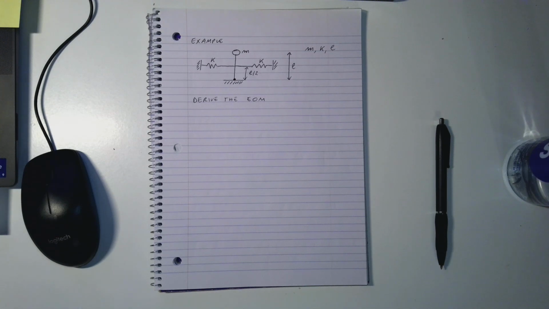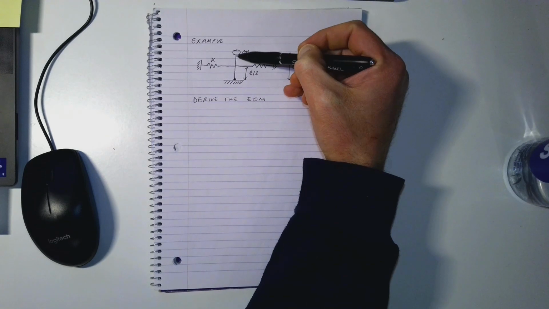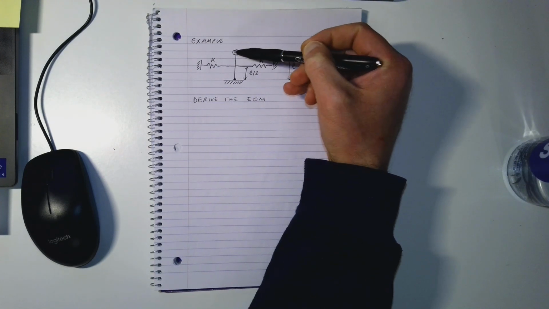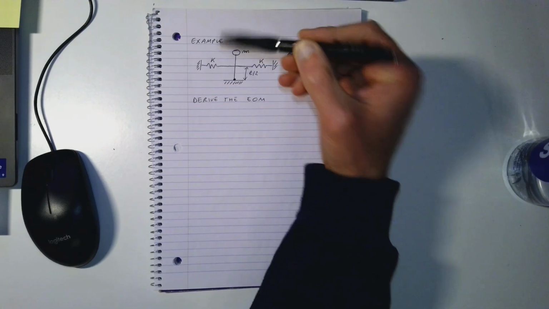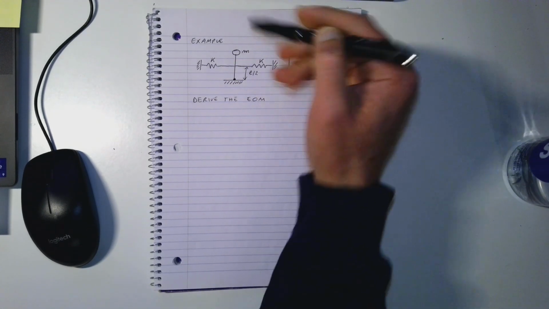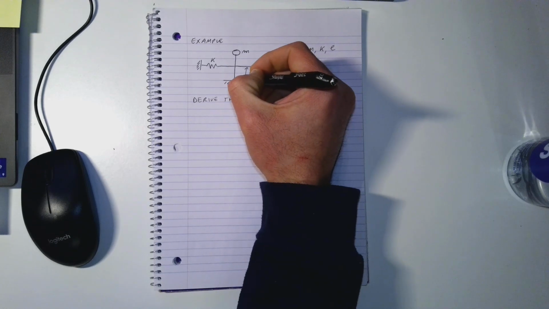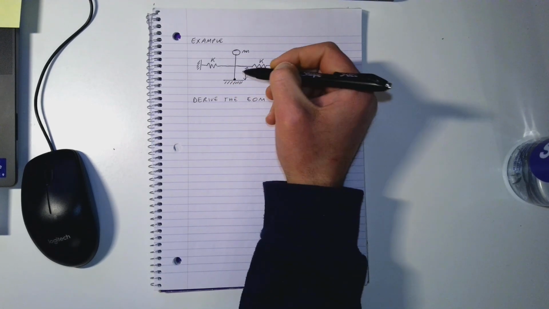Yes, I can describe a little bit more in detail the system. Here we have a vertical rod that is attached to a mass on top, mass m. On the bottom, it is connected to the ground through a hinge.